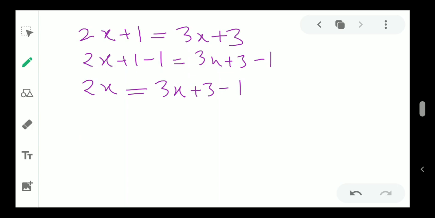See, this step, whatever we were doing, we know why we were doing it, because to eliminate plus 1 from the left hand side. But if we rub out this whole line, now how it is looking, it seems that plus 1 is going to that side and becoming minus 1.